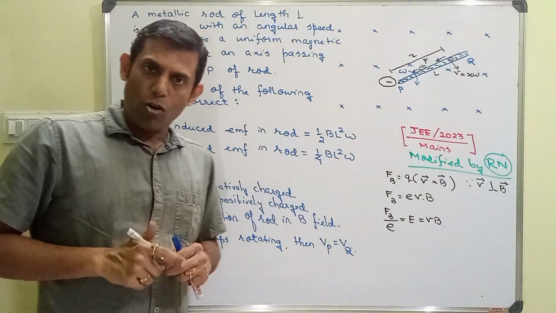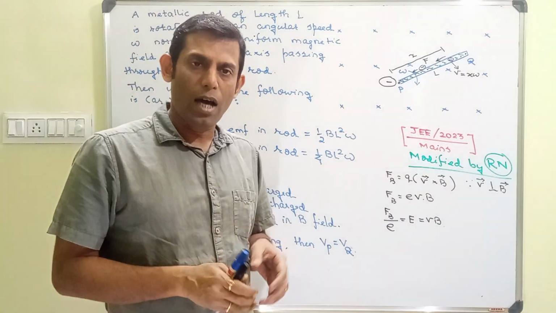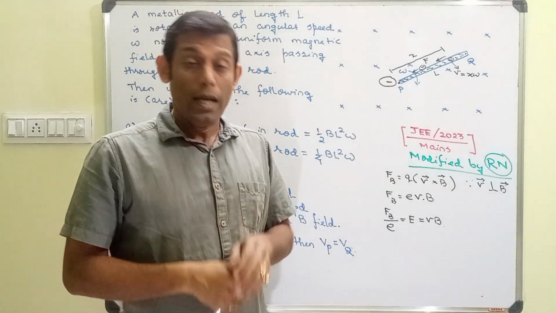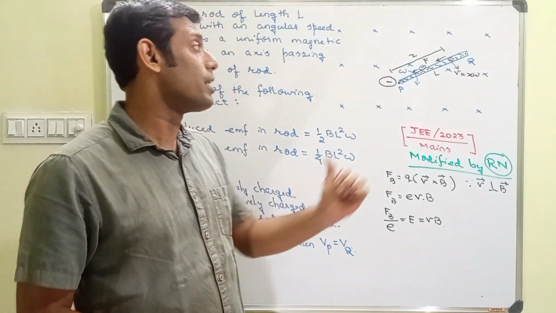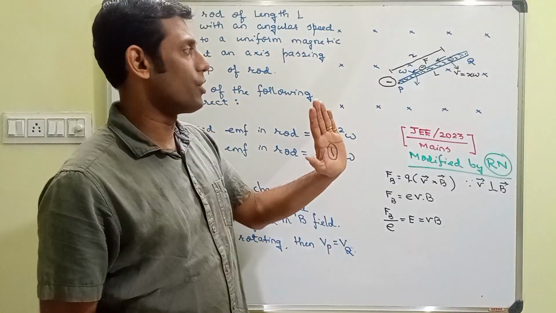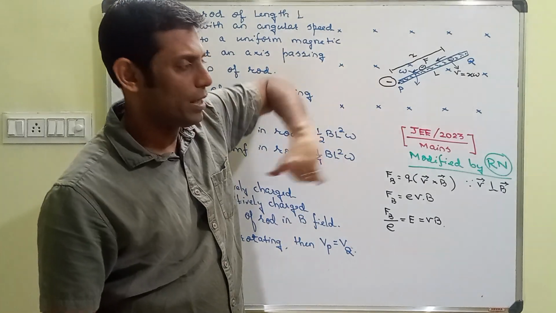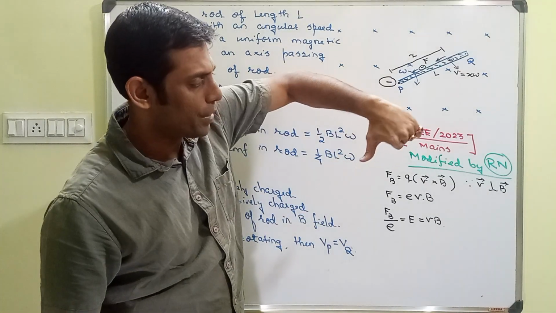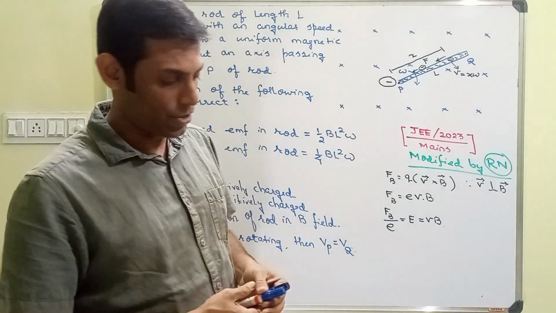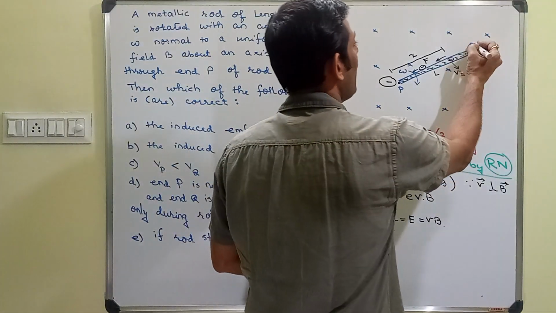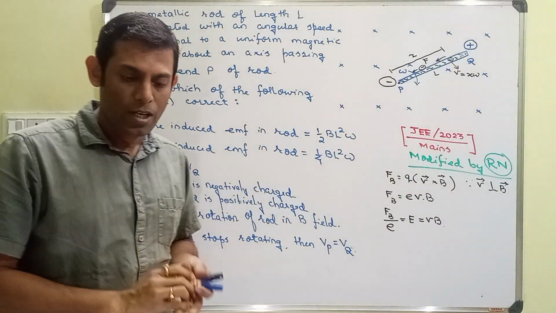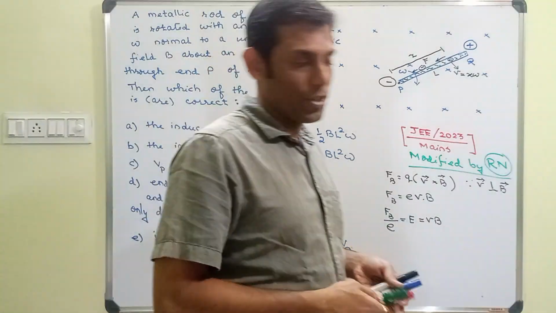In a metallic rod, the majority charge carriers are always electrons, and hence the electrons experience a force towards the end of P. v cross B will direct them towards P. This end will have an excess of electrons and this end will have a deficit of electrons. So point P will get negatively charged and point Q will get positively charged.